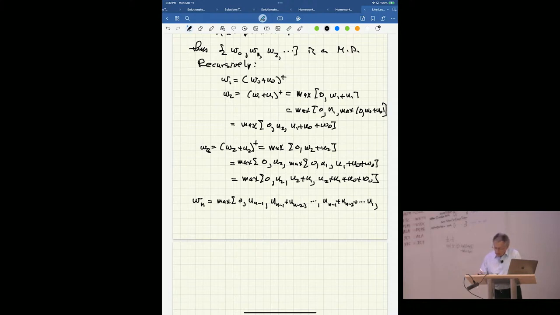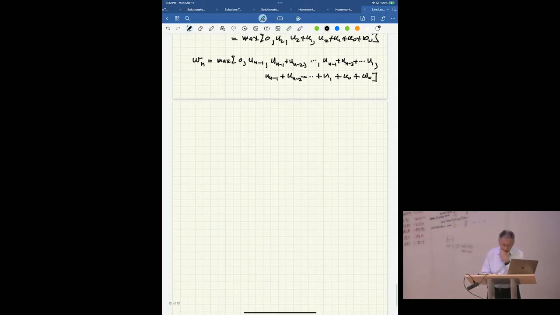And then the last term is a similar thing. It's U n minus 1 plus U n minus 2 plus dot, dot, dot, plus U1 plus U0 plus W0. Okay.